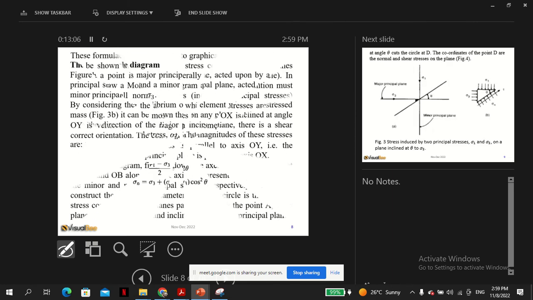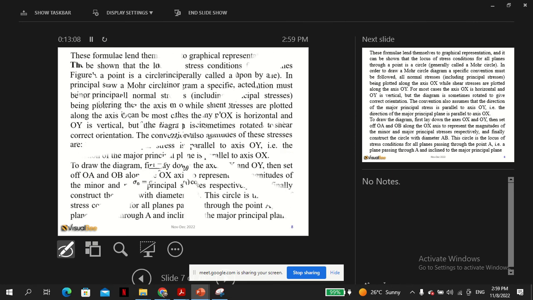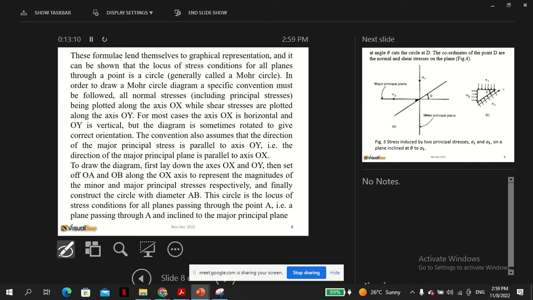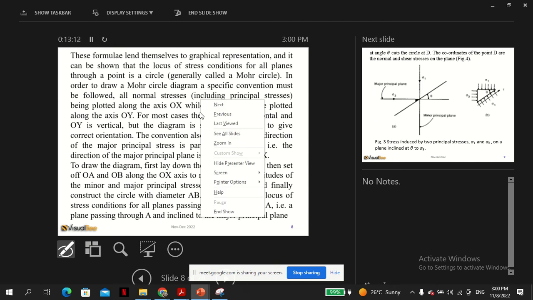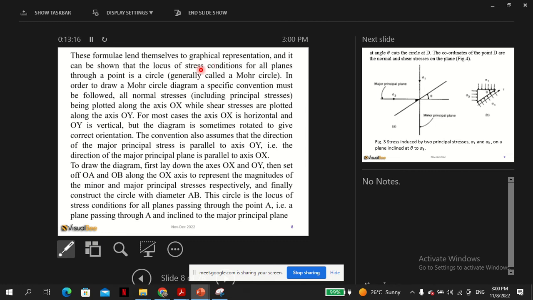These formulas lend themselves to graphical representation, and it can be shown that the locus of stress conditions for all planes through a point is a circle called the Mohr circle. In order to draw the Mohr circle diagram, a specific convention must first be followed.